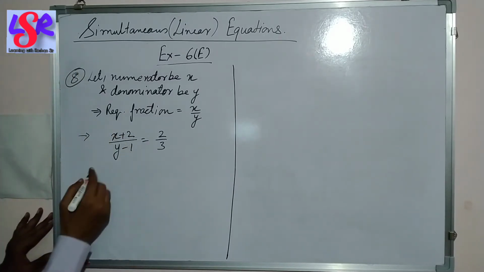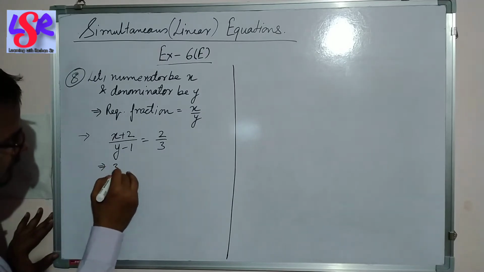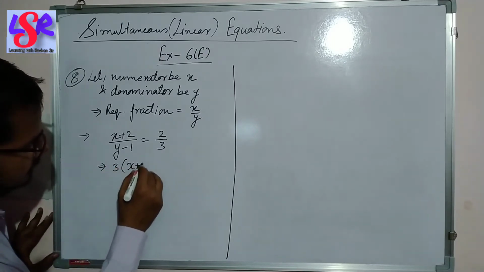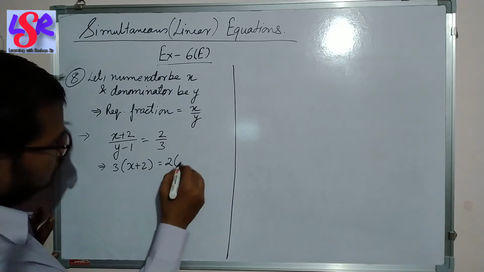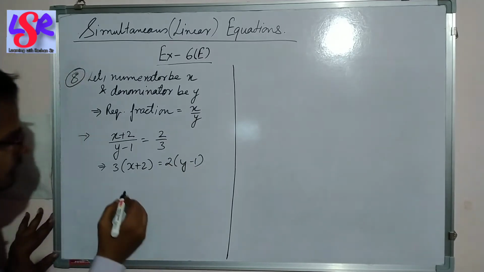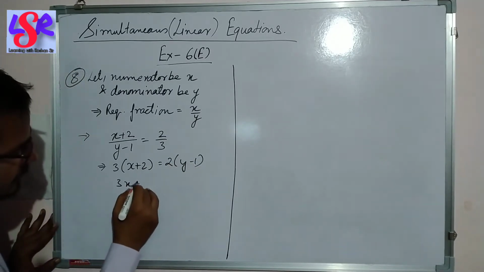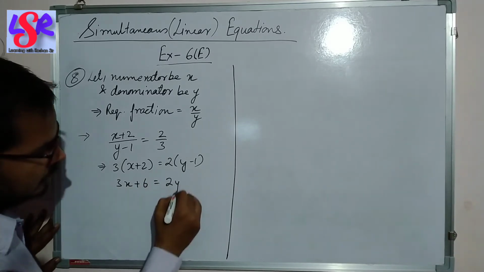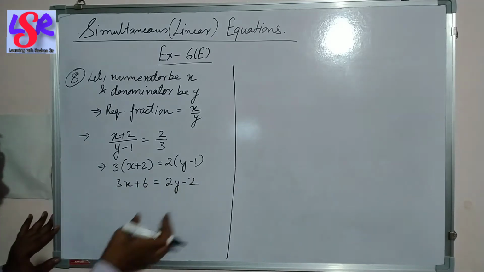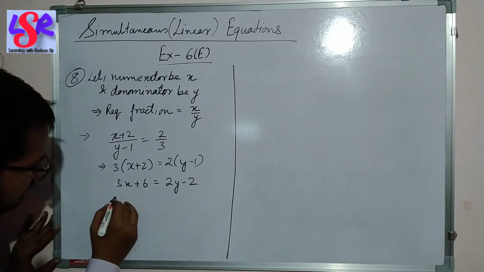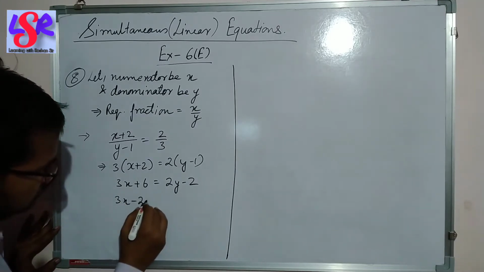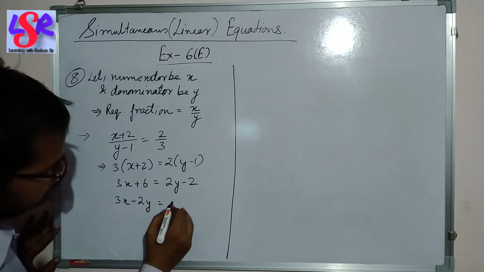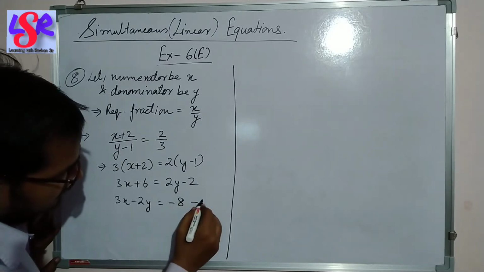On making a cross multiplication, we get 3 into x plus 2 equals 2 into y minus 1, and it will be 3x plus 6 equals 2y minus 2. Now make a transpose, and this will become 3x minus 2y equals minus 8 as the first equation.